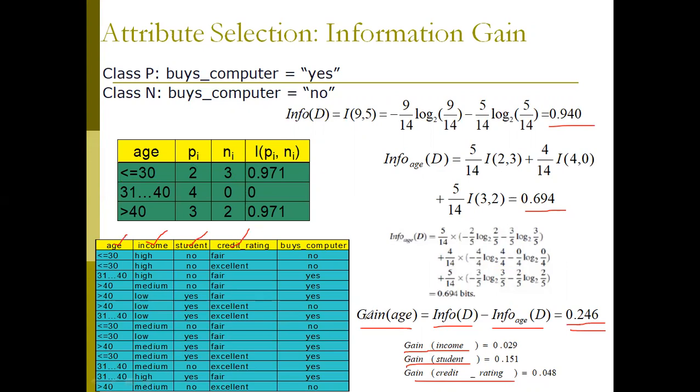After calculating all the attribute gains, check which attribute gain is highest. Among these four, the age attribute gain is highest. Why? Because it is 0.2, and for income 0.0, for student 0.1, and for credit rating 0.0. These are the gains for different attributes in this training data set.